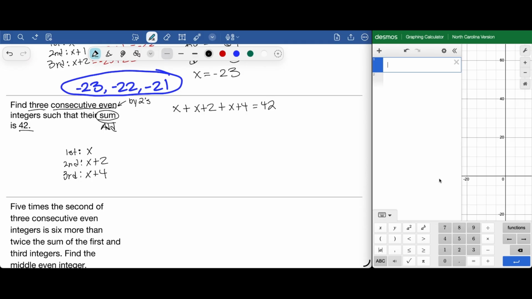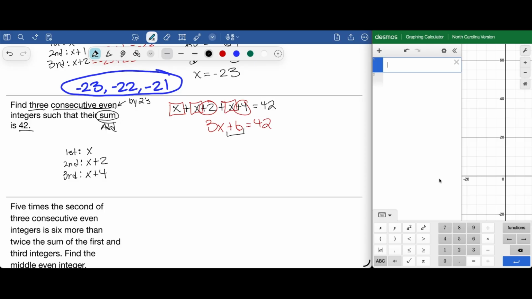Combining our like terms, we got an x here, x here, x here. So that's a total of 3 x's. And then we have a 2 here and a 4, both positive, so that's going to be a plus 6 equals 42.